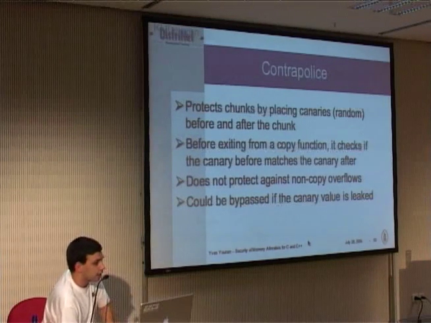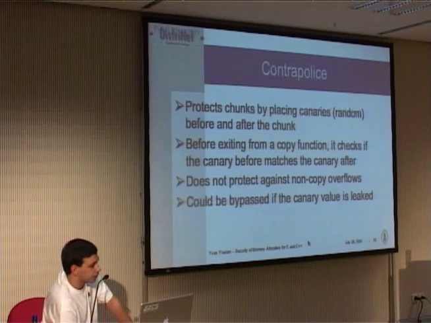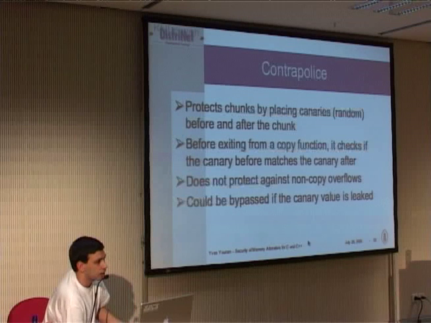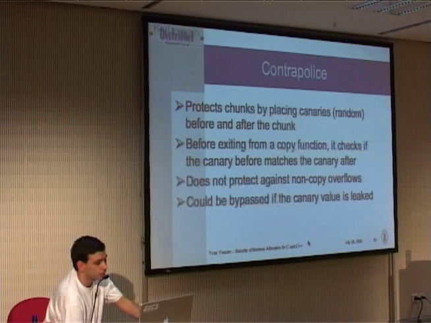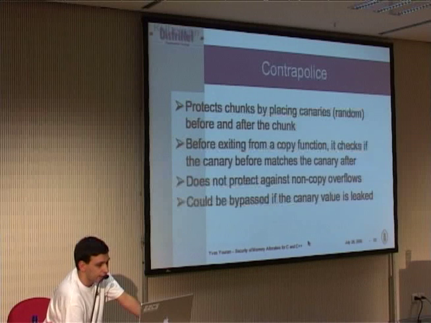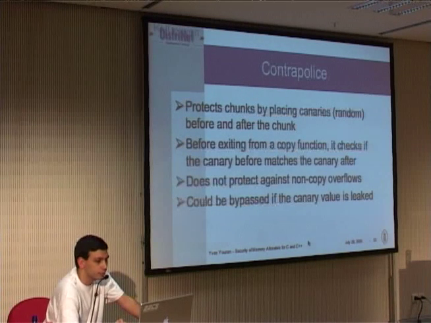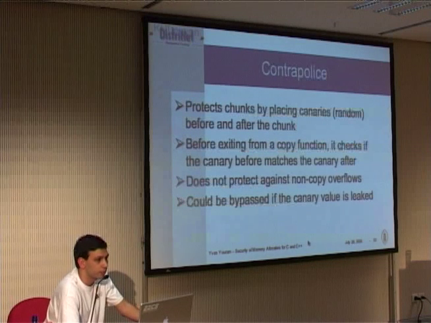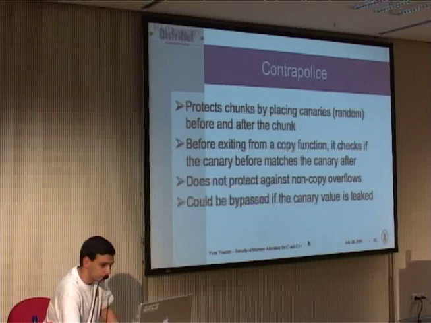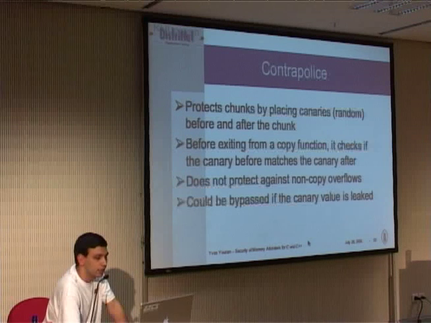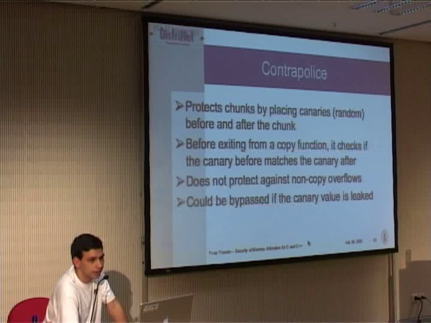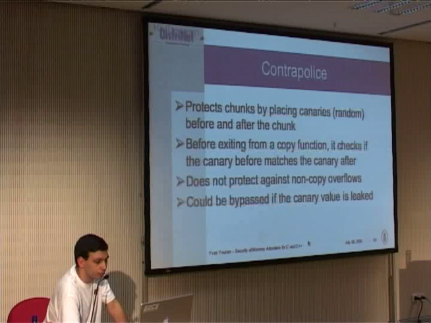ContraPolice protects the heap by placing a random value before and after the chunk. Unlike Robertson's heap protector, which modifies malloc and free, this modifies the copy functions, like strcpy, memcpy, and so on. And it checks if the canary before matches the canary after before executing the copy function.